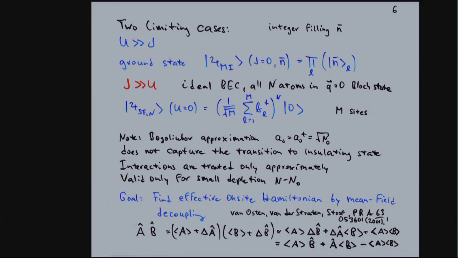Again, I have to get rid of operators, because products of too many operators cannot be solved. So I will write products of operators as average value plus fluctuations. When I multiply that out, I take the product of the average values, and I include the fluctuations in leading order. So I take delta A times B and delta B times A average, but I neglect the product of those fluctuations. You can say I neglect the correlation of fluctuations here.